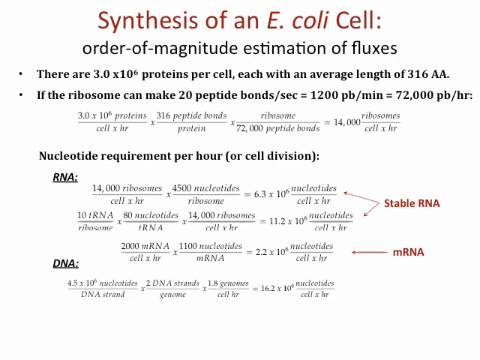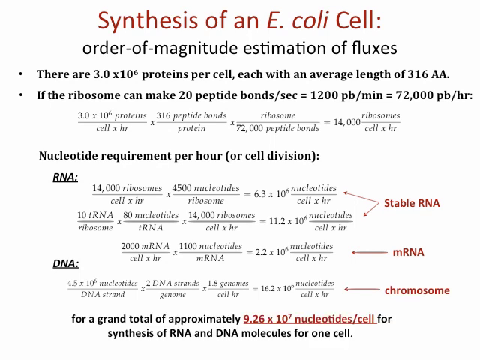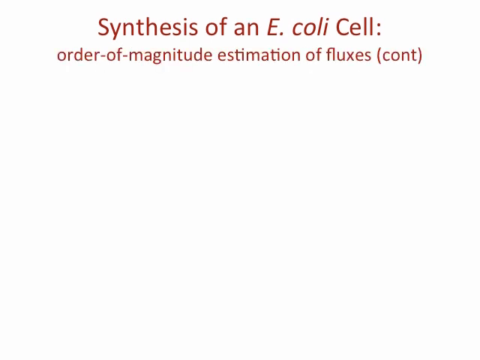The DNA, of course, we know the composition of it. We need about 16 million nucleotides, and that leads us to an estimate of about 90 million nucleotides per cell that is needed.